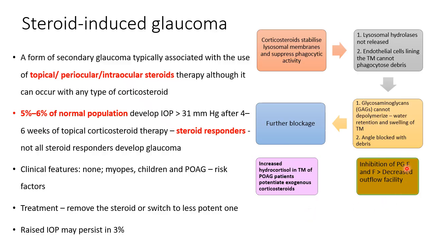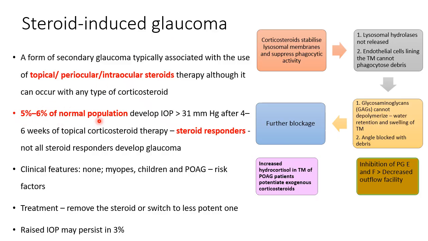Then inhibition of prostaglandin E and F is another function of corticosteroids. That's why they are given. Prostaglandin E and F in the eye are responsible for increased outflow. That is why we give prostaglandin analogs as a medical treatment of glaucoma. So obviously when these prostaglandins are inhibited, there is some adverse effect on the aqueous outflow also.